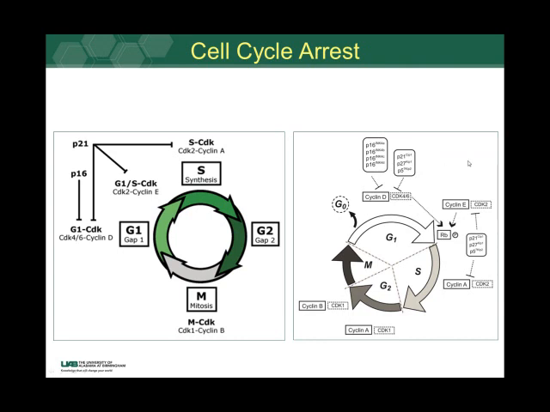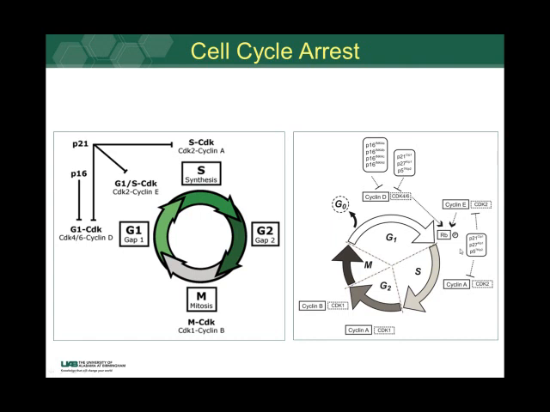So p53 will turn on the expression of these inhibitors, which will inhibit the cyclin and cyclin-dependent kinases, and it will arrest the cell from going from one phase or one stage to the next.